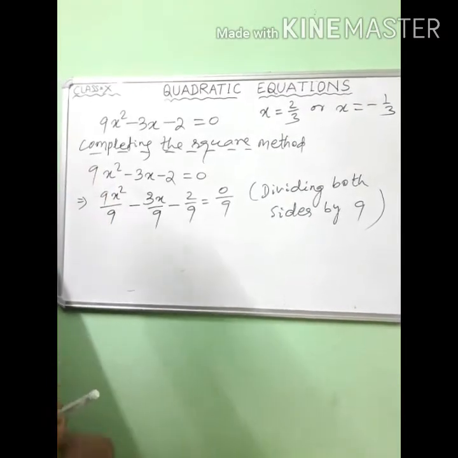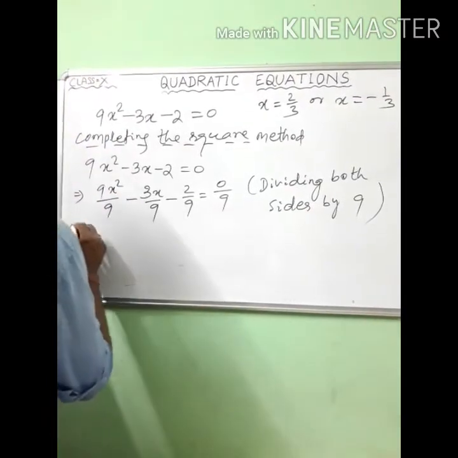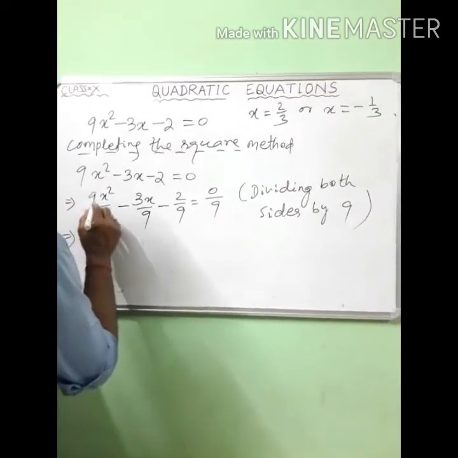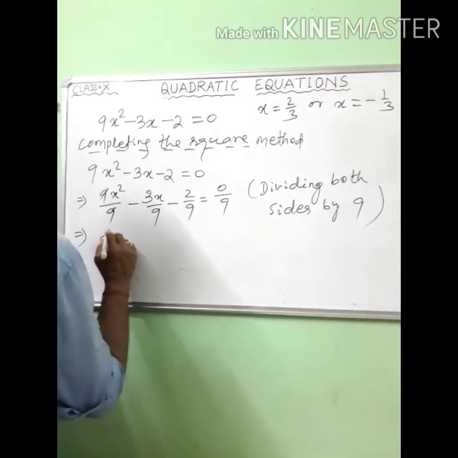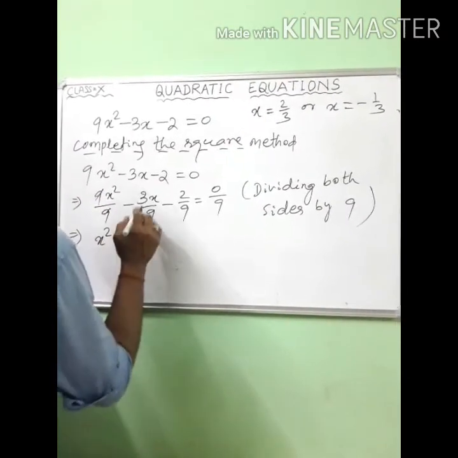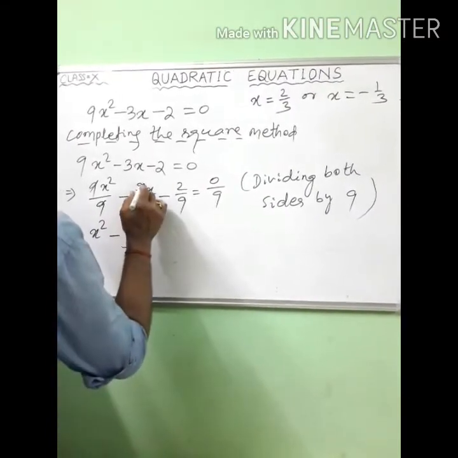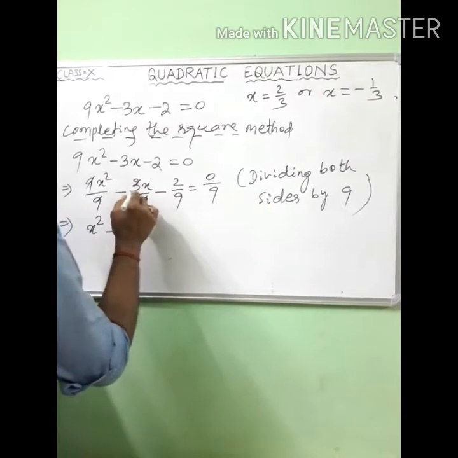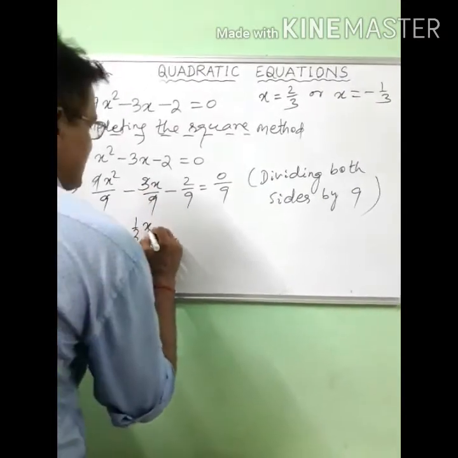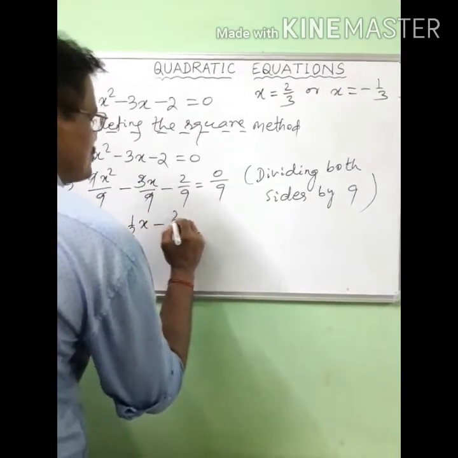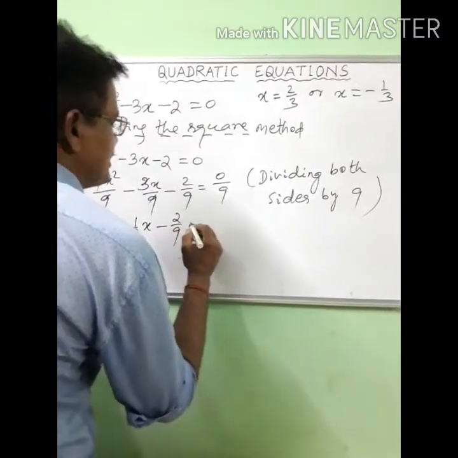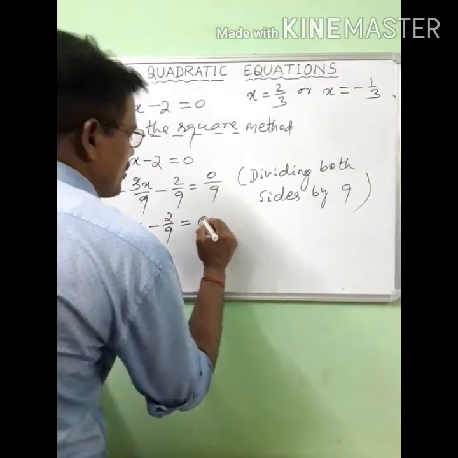So this implies, 9 cancels, so x square minus 3 by 9 means 1 by 3, cancel, 1 by 3x minus 2 by 9 is equal to 0.